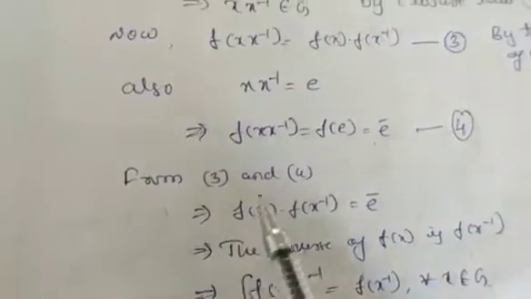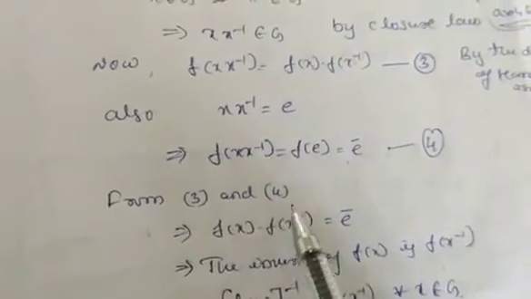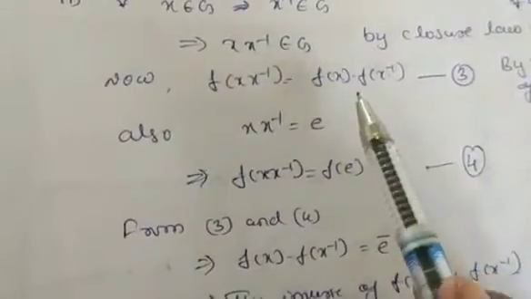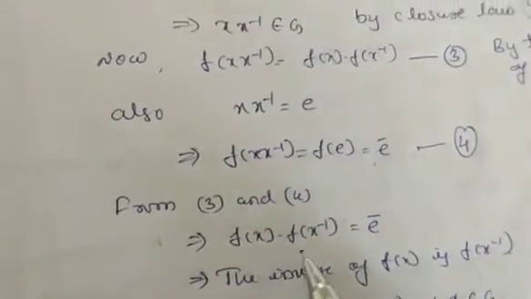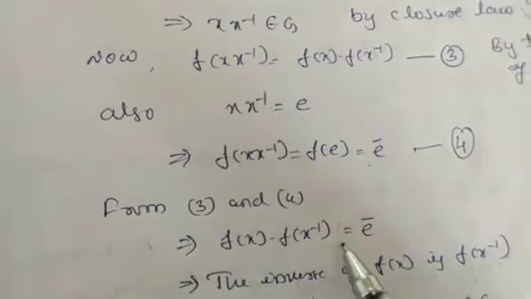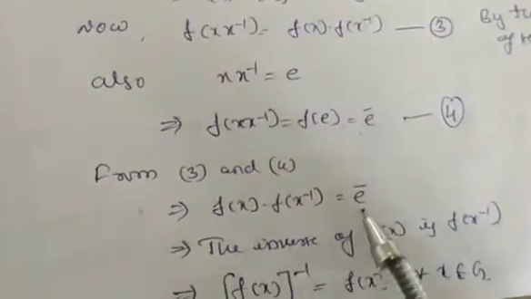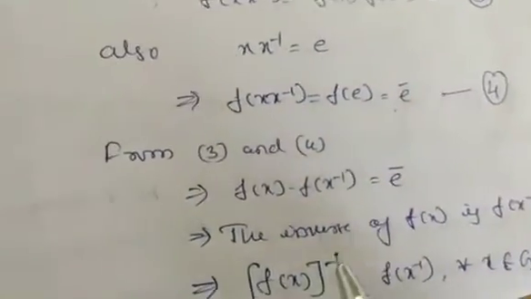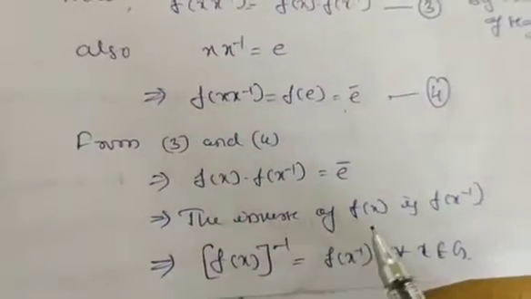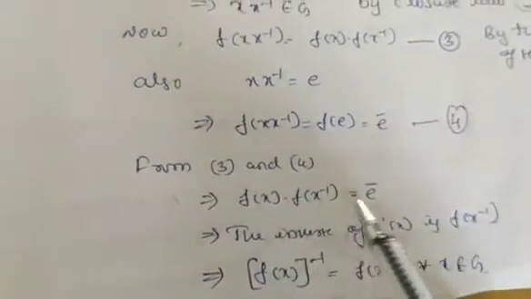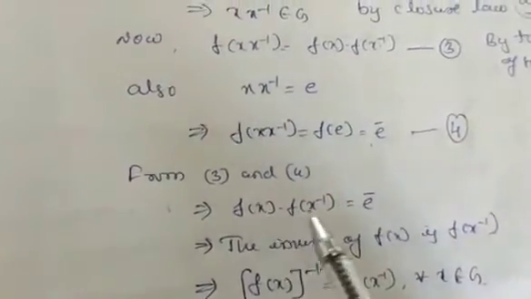So from equations 3 and 4, the LHS of equations 3 and 4 are the same, so we can equate their RHS. f(x) f(x inverse) = e bar. The RHS of equation 3 equals the RHS of equation 4. So this implies the inverse of f(x) is f(x inverse), because if the product is e, they are reciprocals to each other.